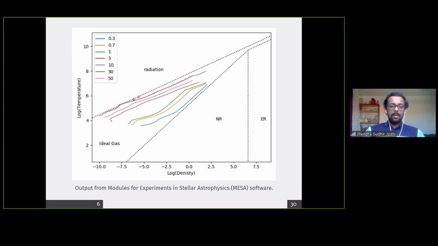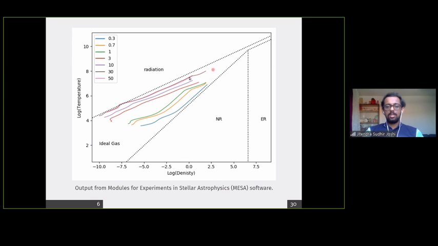For a 100 solar mass star, it's almost completely on the line between the radiation and ideal gas pressure. So for massive stars, about 30 solar masses, the stellar interior is mostly governed by radiation pressure, predominantly, and some part by ideal gas pressure.